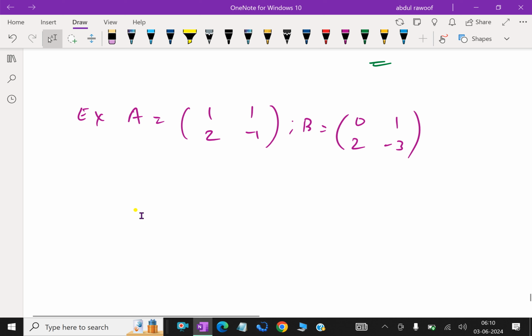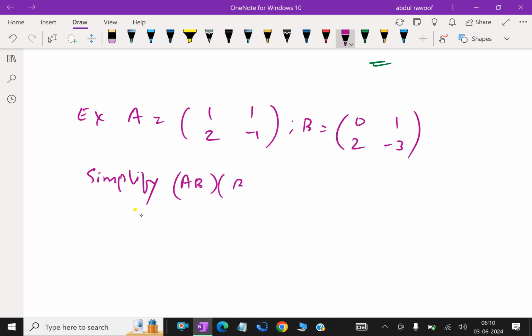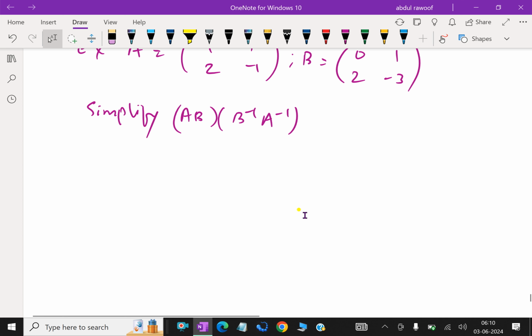Then simplify AB into B inverse A inverse. Here, this A and B is given, then we have to simplify this. That means even without using these we can simplify this, by matrix algebra.